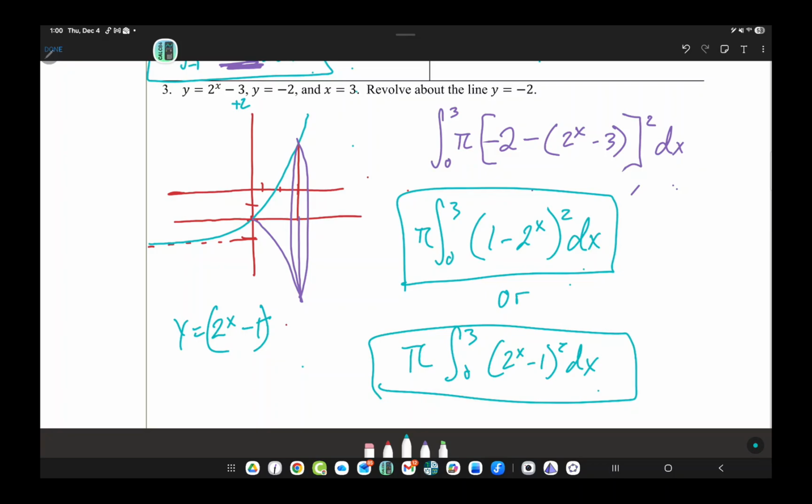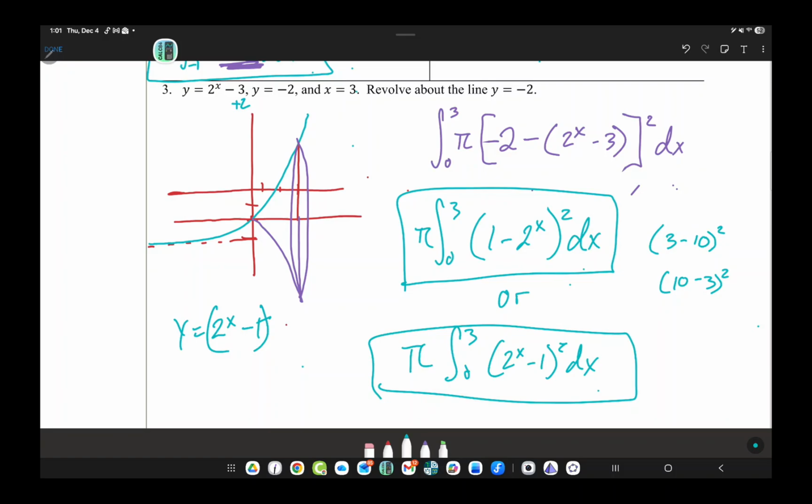And just to remind you why this is equivalent, if I had, let's say, 3 minus 10 squared, and I had 10 minus 3 squared, what do they both give you? 49. They both give you positive 49 because you're squaring. So that's why these are equivalent. So if, on the homework, you want to shift the function onto an axis, you can do that.